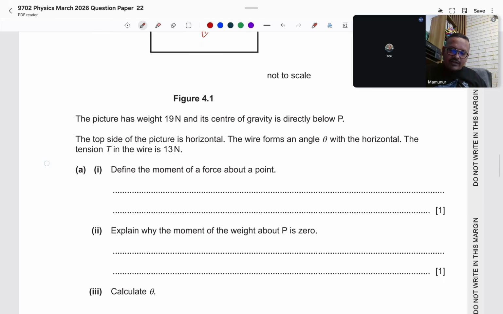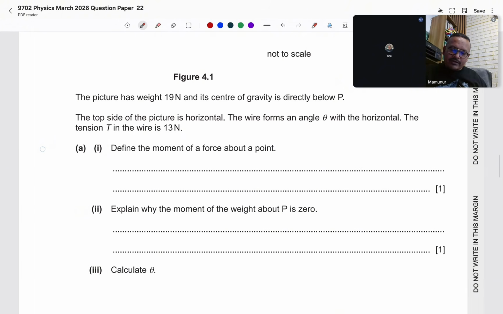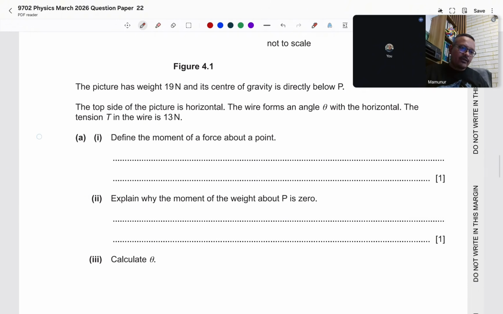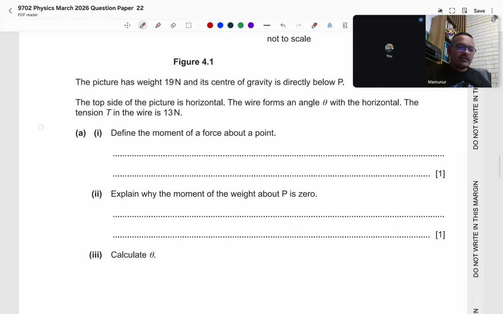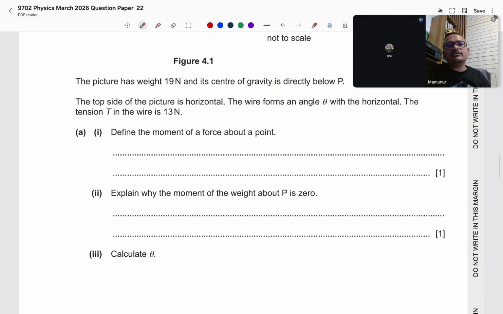Define moment of a force about a point. What is moment? We know that moment is the product of force and perpendicular distance from that point.